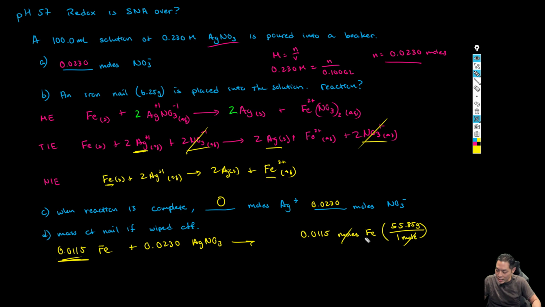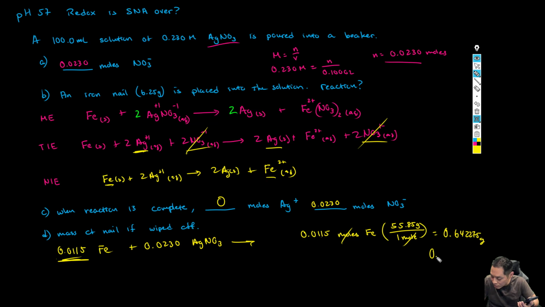So here the moles cancel out and I'm left with grams. 0.0115 times 55.85 equals 0.642275. A big number.